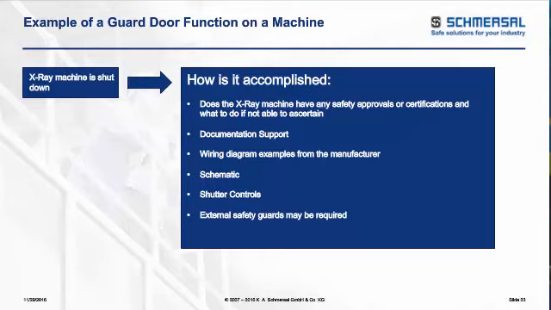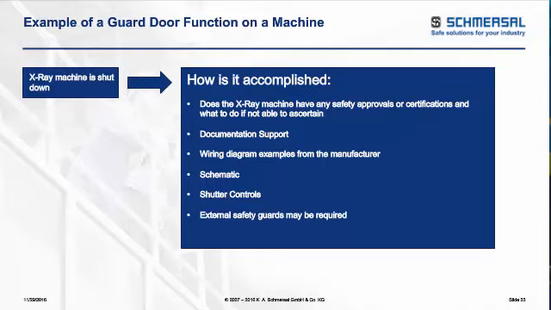Because X-ray machines tend to have their own standards of safely handling the radioactive material that's embedded and sealed in the unit to develop the X-rays. But ultimately, you need to have protection via shutters.